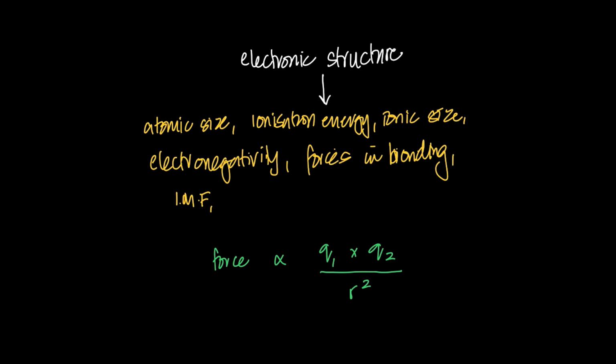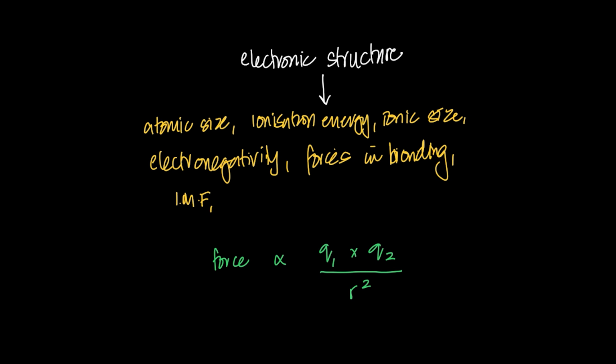Similarly with charges: two electrons repelling each other will have less force than a nucleus pulling an electron, because the nucleus will have a 10 plus, 20 plus or 15 plus charge, but an electron only has a 1 minus charge. So electron to electron repulsion is less, but the nucleus to electron attraction is more.